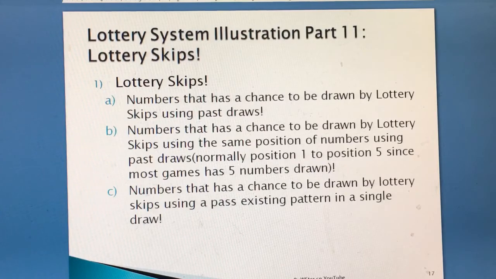Most games like Mega Millions, Powerball, Cash4Life have 5 white balls drawn, so there's only 5 positions. And numbers have a chance to be drawn by lottery skips using the past existing pattern. So if your lottery matrix doesn't have that pre-existing pattern for the lottery skips, then probably your numbers will have a low percent chance of getting drawn in a single game.